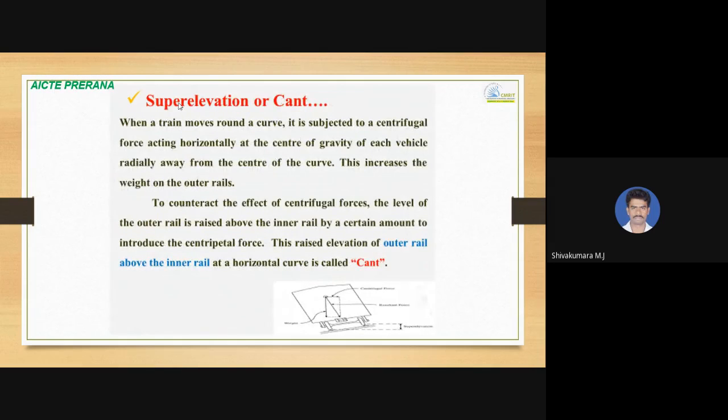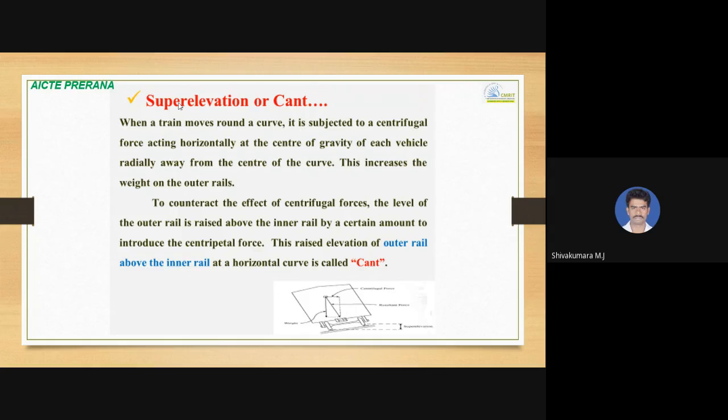Next, super elevation or cant. When a train moves around a curve, it is subjected to a centrifugal force acting horizontally at the center of gravity of each vehicle, radially away from the center of the curve. This centrifugal force makes the vehicle topple. It also increases the weight on the outer rail.